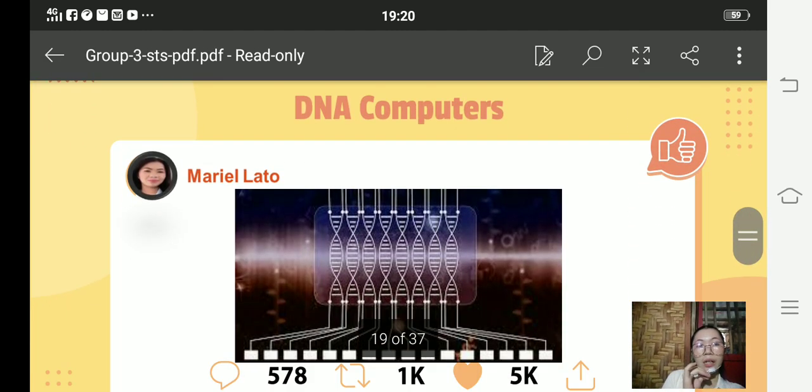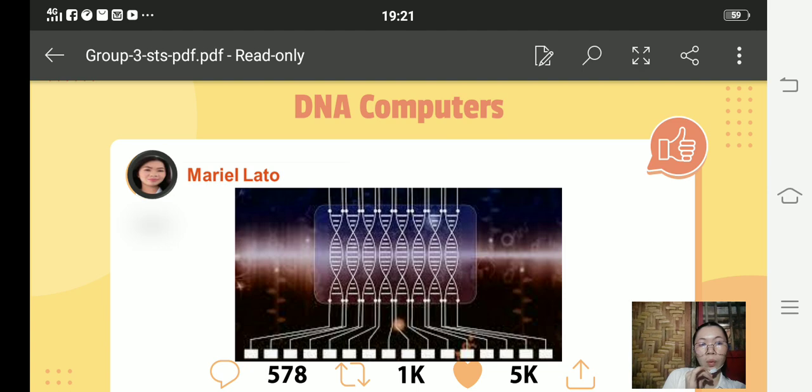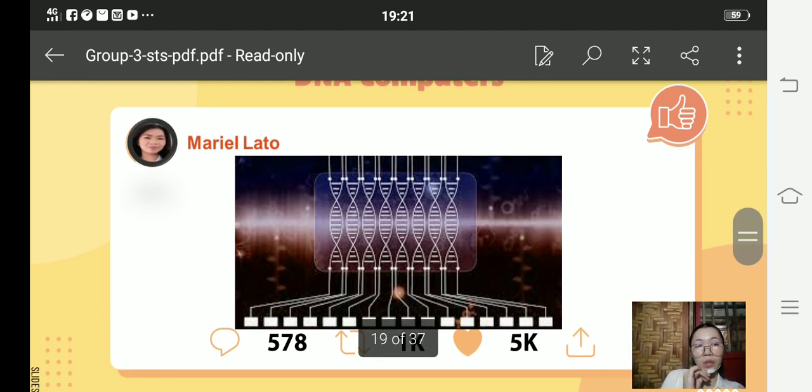And lastly are the DNA computers, or the DNA-based computers. It is radically different from conventional computers. Each strand contains one possible answer to the problem or question. The strands that you see in the picture are manufactured so that all the conceivable answers are included.